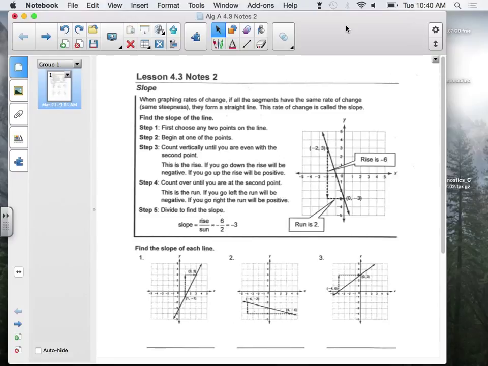Alrighty, now that that minor thing happened, today or yesterday we were learning about rates of change and representing them on a graph. So, what is a rate of change again? Like what we did yesterday. What were we doing yesterday?